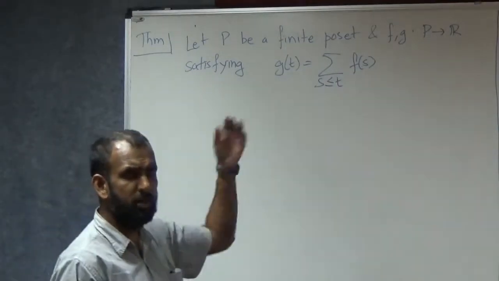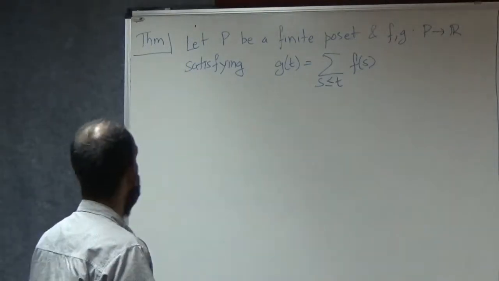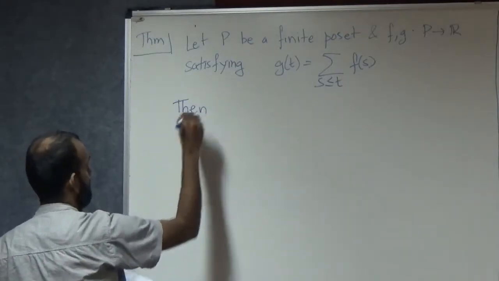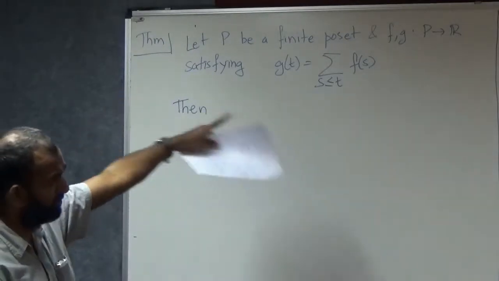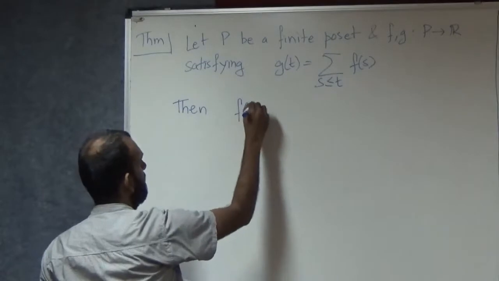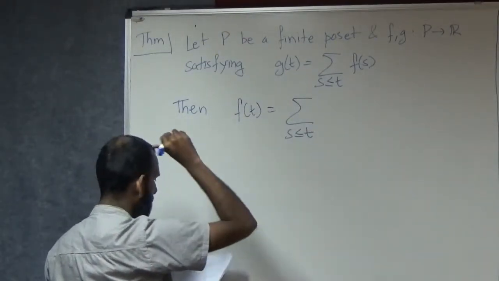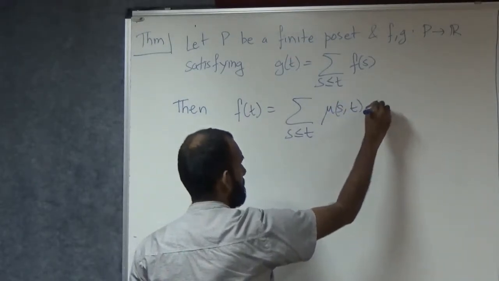Okay, so this should remind you of the number theoretic property that we had. Again in the Mobius inversion formula. Then, so this theorem is the Mobius inversion formula. Then f of t is again the sum over all s less than or equal to t of mu of s, t times g of s.